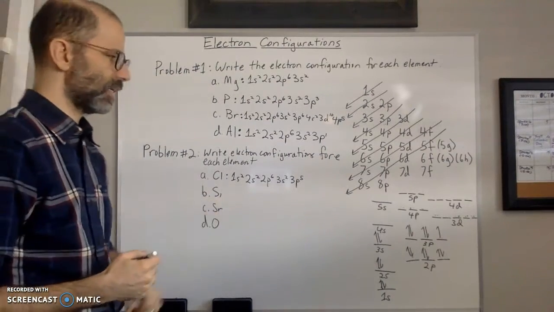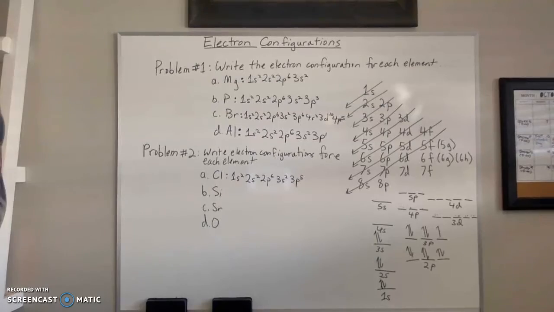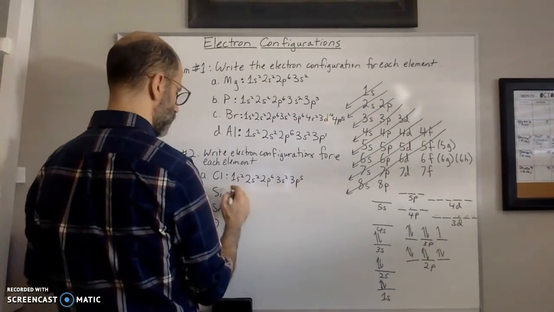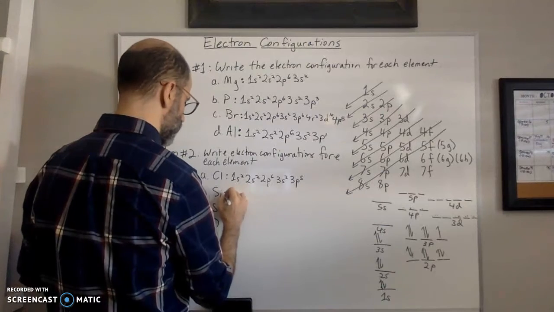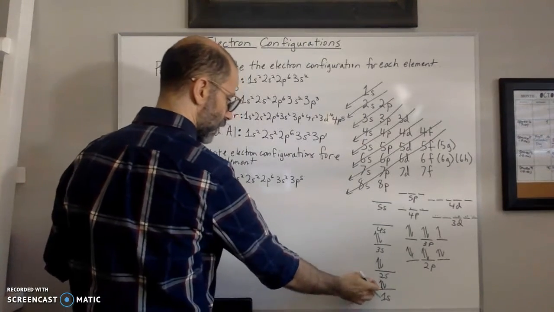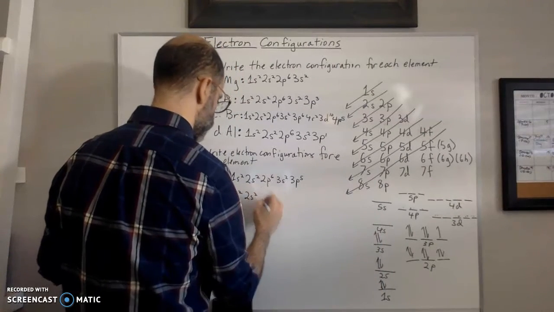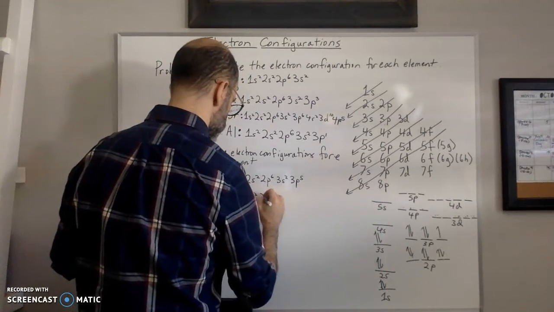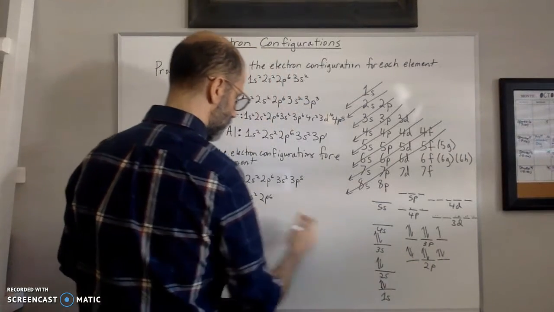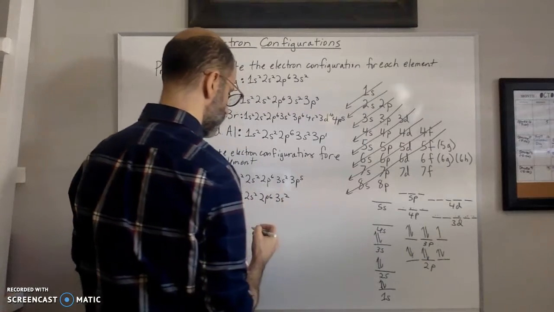What about silicon? Silicon has 14 electrons. So we're going to follow the same pattern. It's going to be 1s2. Now we're going to stop at 14. 1s2, 2s2, 2p6. So now we have our 10. And then we got 3s2.